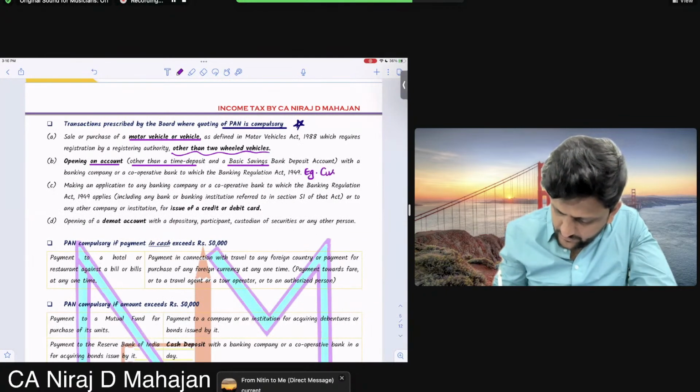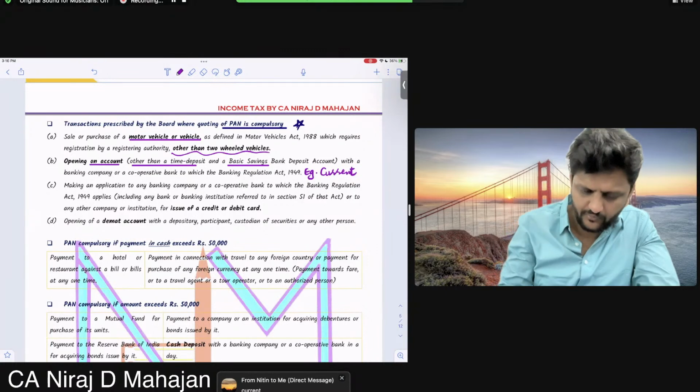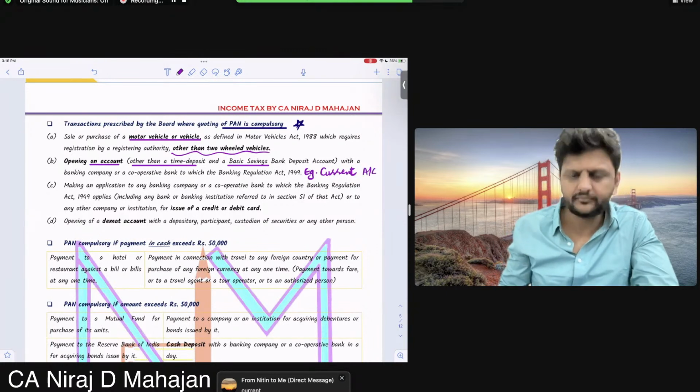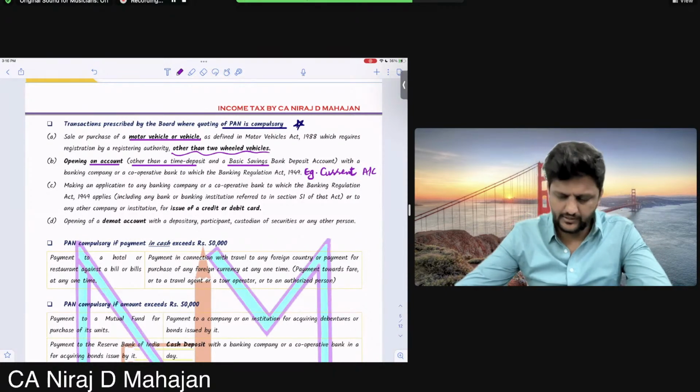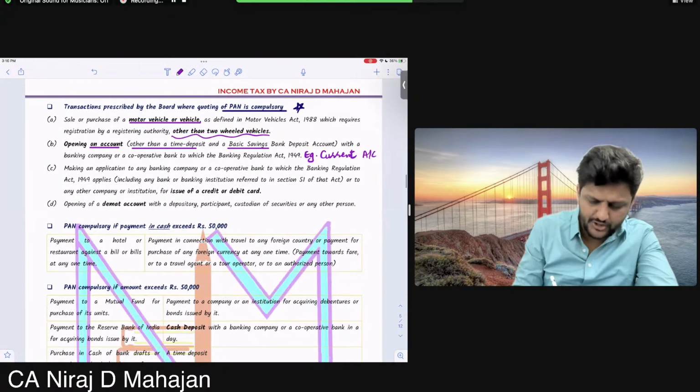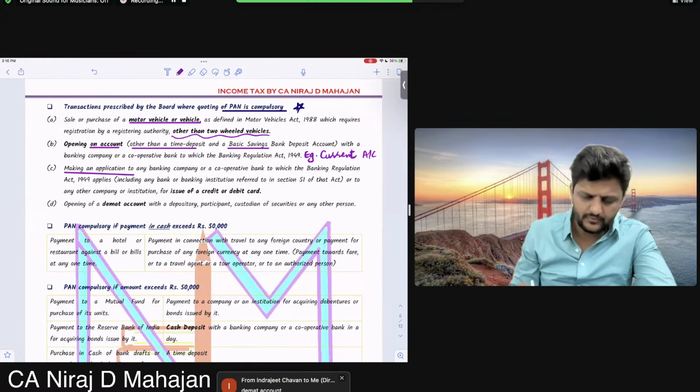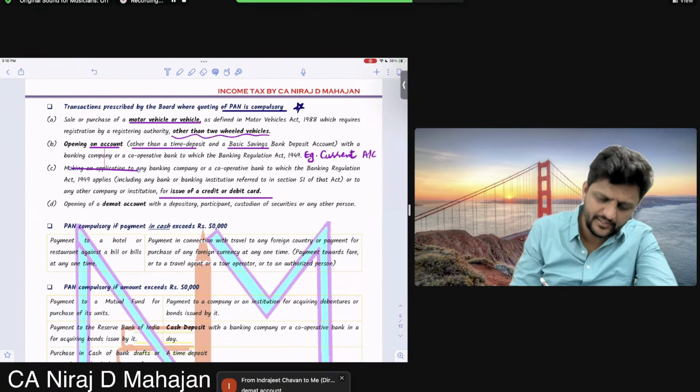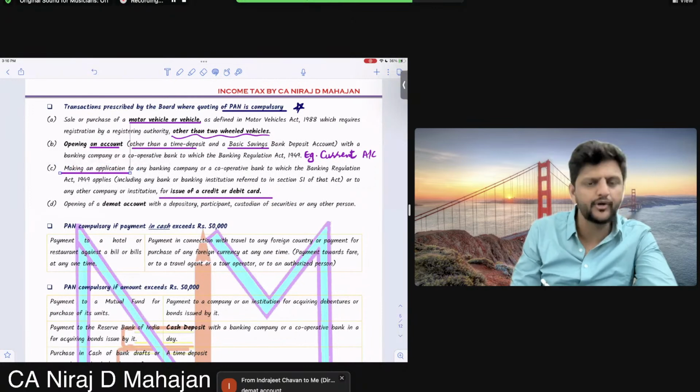Very good. Current account. Then, making an application to any bank for issue of debit or even credit card. Anything they have given. So application of debit or credit card.